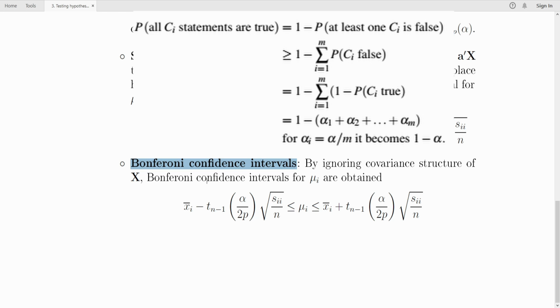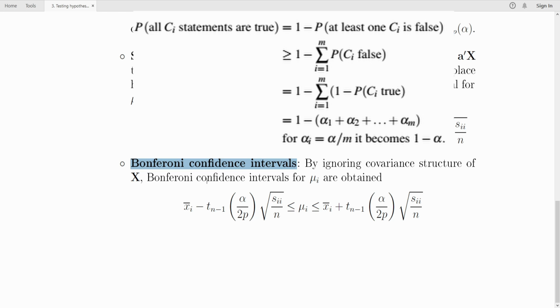By choosing alpha i to be alpha divided by m, because we have m confidence statements and we want to obtain an overall error of alpha, we divide alpha by the number of statements. So alpha 1 is alpha divided by m, alpha 2 is alpha divided by m. When we sum alpha 1 to alpha m, we get alpha.